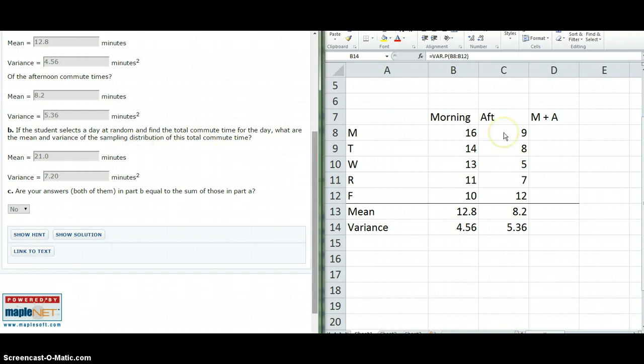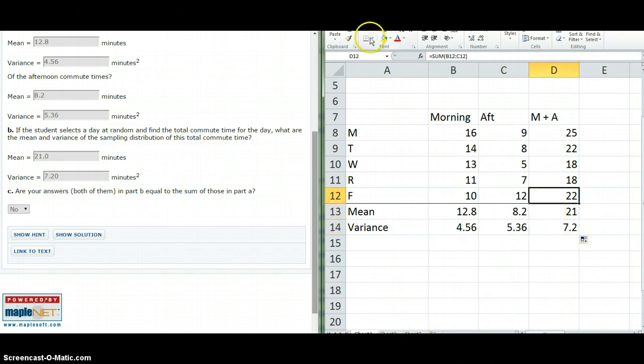Well, what we want to do first is get the total commute time for each day by taking a sum of the morning and afternoon. Notice I did that backwards, but that doesn't really matter. And so we get the total commute time for each day, and then I'm just going to extend this formula. What it's going to do is take the average of these times. I'm going to do the same for the variance here.